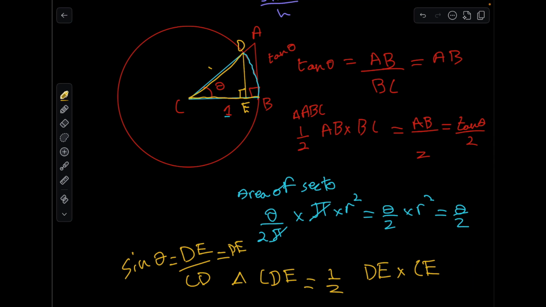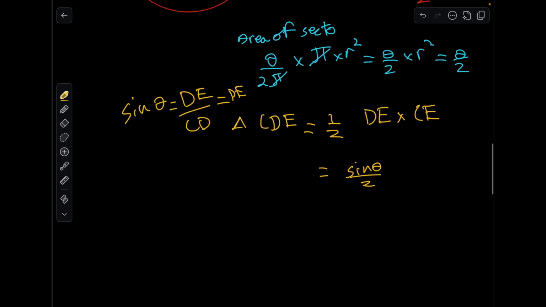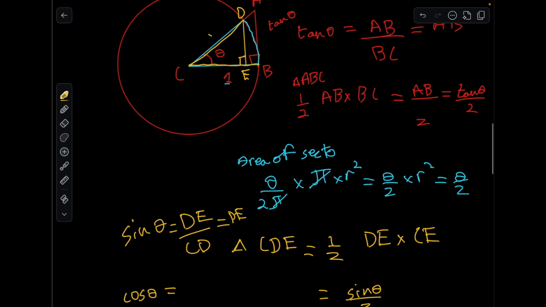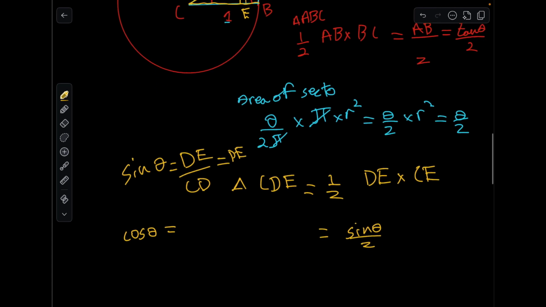CE isn't 1 anymore. Okay, so let's think about cos theta. That would be CE divided by DC. But DC is 1. So we can say that it's equal to CE. So let's multiply this by cos theta.